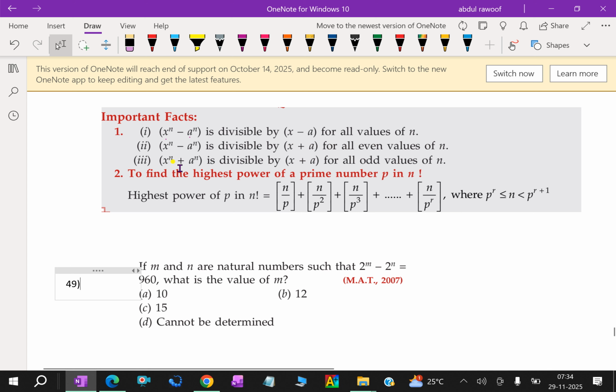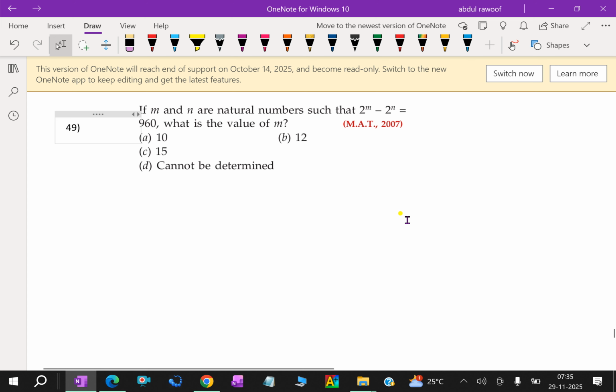Then x power n plus a power n is divisible by x plus a for all odd values of n. Then to find the highest power of a prime number p in n factorial, the condition is n by p plus n by p squared and so on, until the terms become zero. Now regarding this we will do some questions. You can understand the concept.